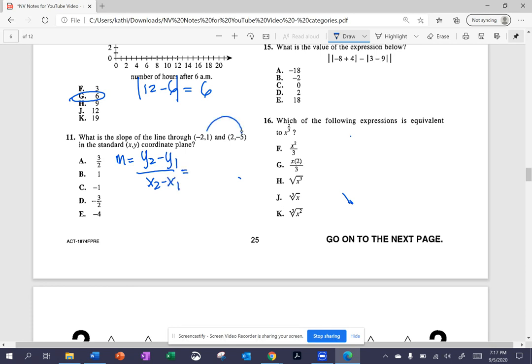So y2 minus y1 is -5 minus 1 divided by 2 minus -2, which is -6. So this becomes adding, divided by 4. Simplified is -3 over 2.